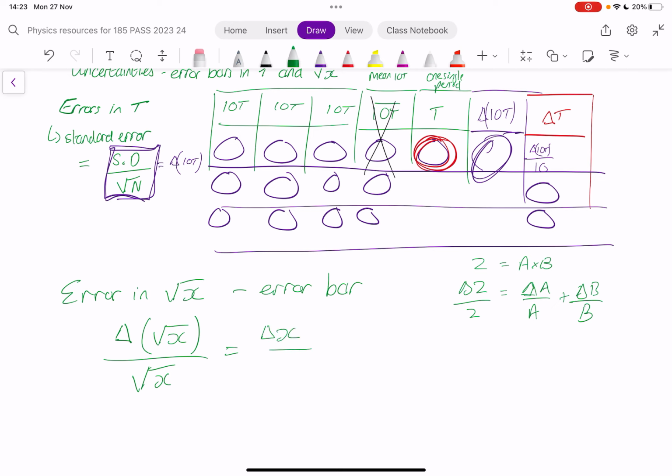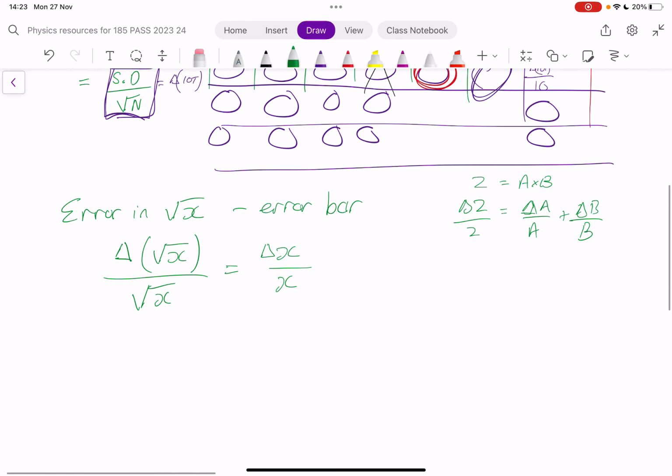So it's dependent on the root of x, the error in x, divided by the value in x. So if we simply rearrange that to get the uncertainty in x, which is what I need for my error bars, I multiply by the root x and I get that.